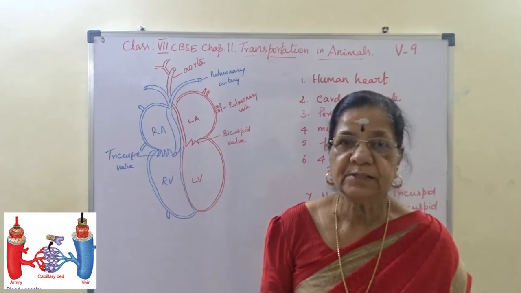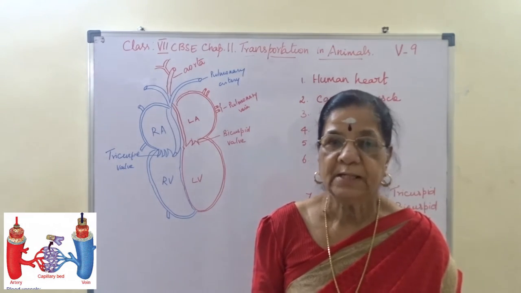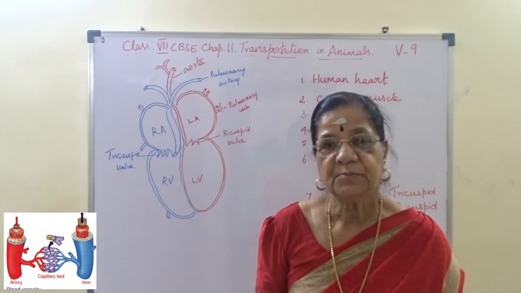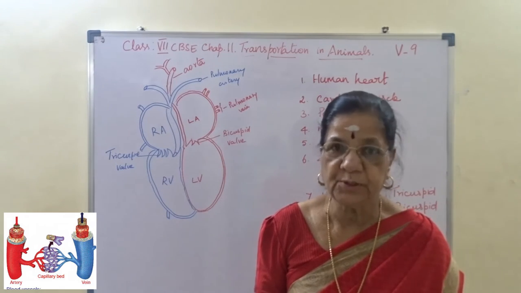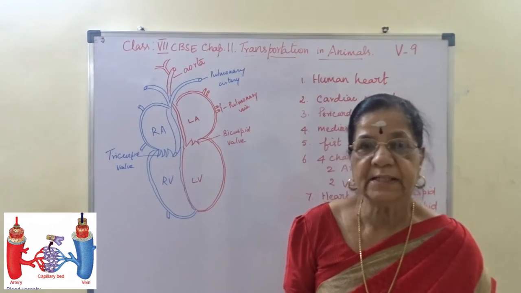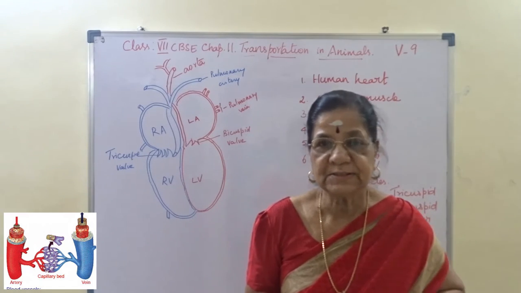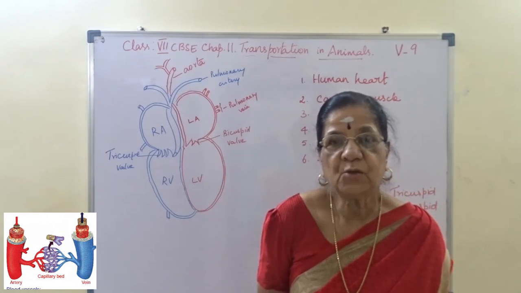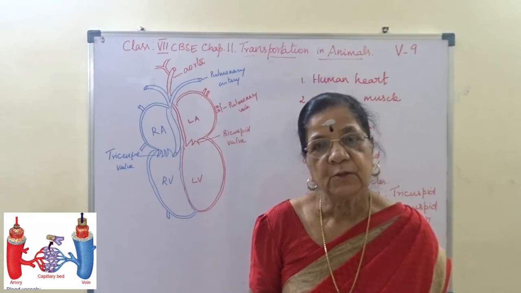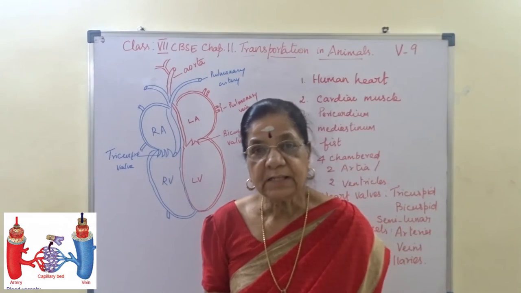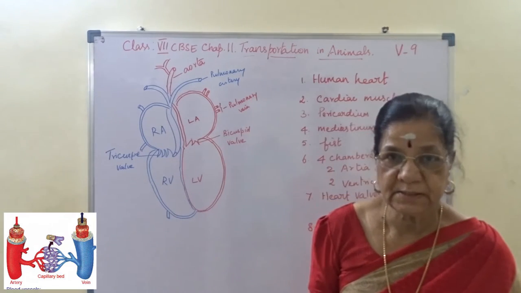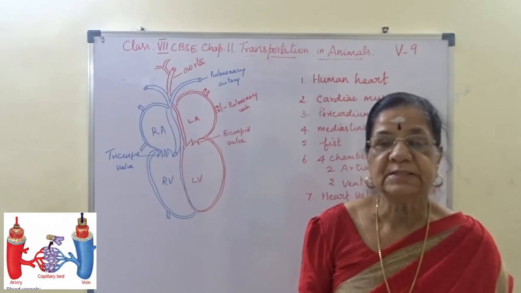Then hydra captures food with the help of tentacles. Earthworm takes soil as its food. And then we have learned in detail about the human digestive system and the process of digestion. I hope you understand.